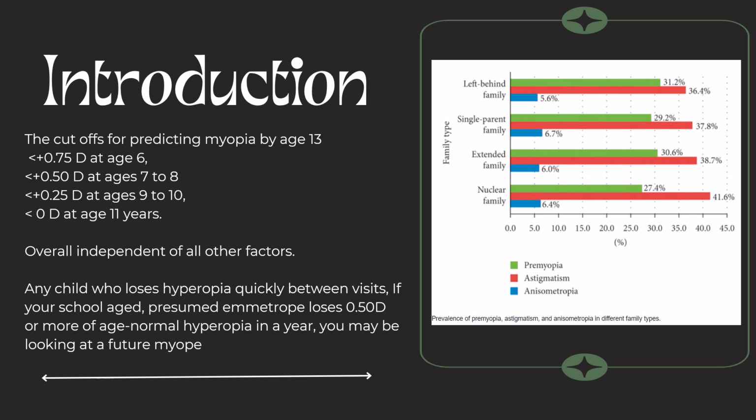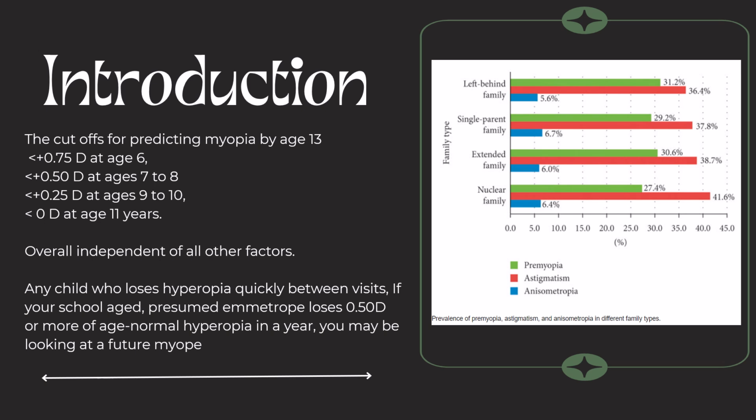So by the time you realize, at 7 to 8 years of age, plus 0.5 is definitely a risk factor for developing myopia by 13 years of age. Overall, other risk factors, like I said, parental myopia, near work, and low outdoor sitting are definitive risk factors.